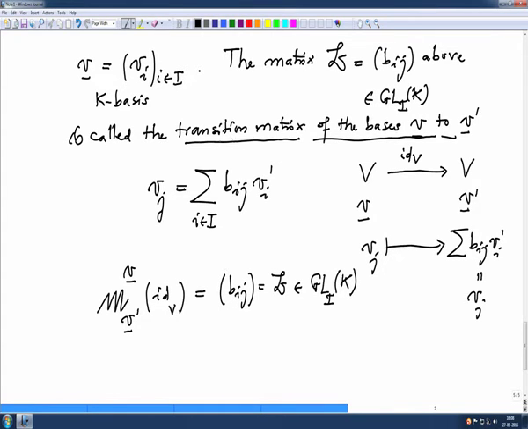This matrix is called the transition matrix of the basis V to V prime.